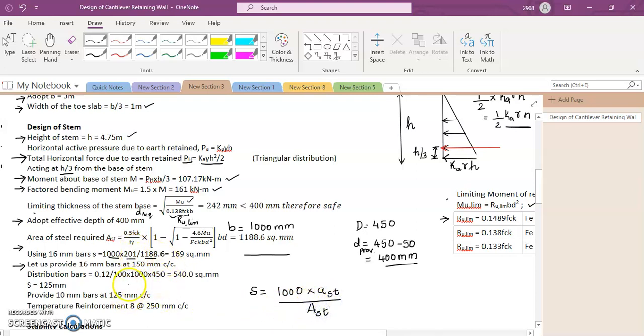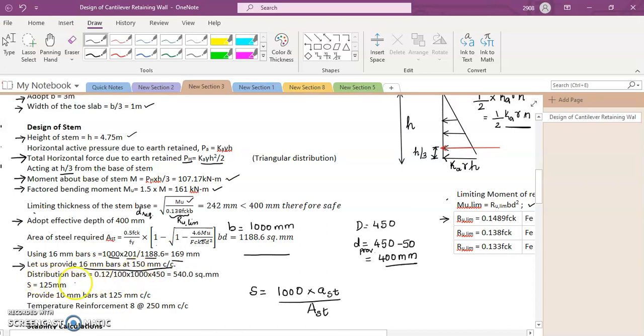So you get somewhere around 169 mm. Okay, this is not square mm, this is 169 mm. So let us reduce the spacing slightly and provide 16 mm bars at 150 mm center to center.